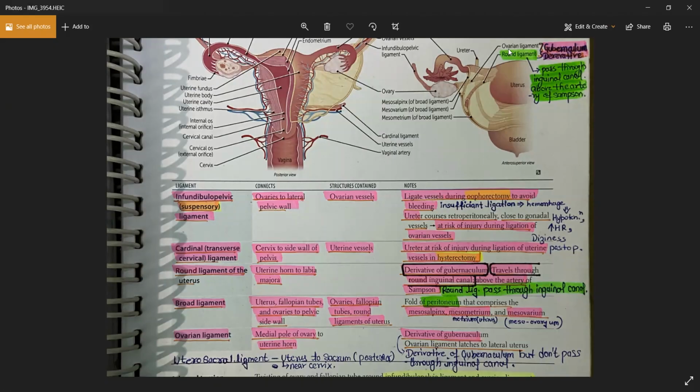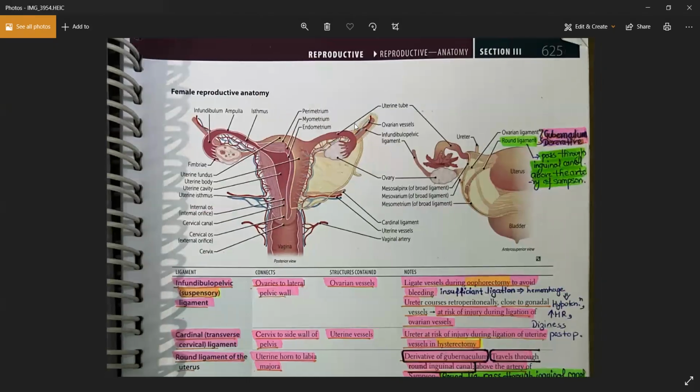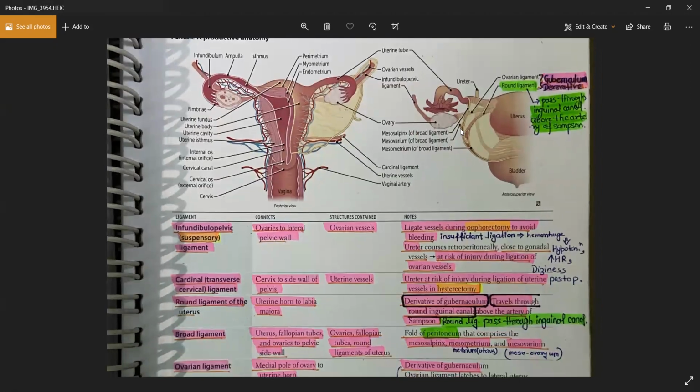Now, finally, you have the broad ligament, which is a kind of fold covering all these ligaments. As you can see, these are fold-like structures covering all these ligaments respectively. Whenever you hear the word salpinx, always think about the fallopian tubes. Whenever you hear metrium, mesometrium, endometrium, think about the uterus.